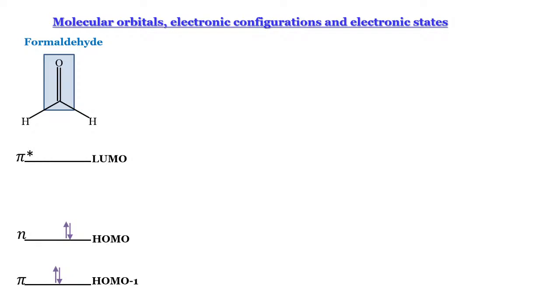You have a pair of electrons in the bonding pi MO and another pair of electrons in the non-bonding orbital on oxygen. All electrons are paired. So capital S, which is the sum of all the electron spins, is equal to 0. So 2S plus 1, the multiplicity, is equal to 1.